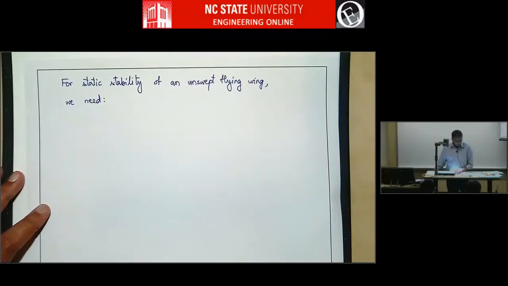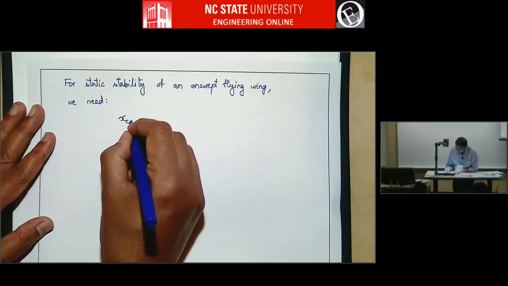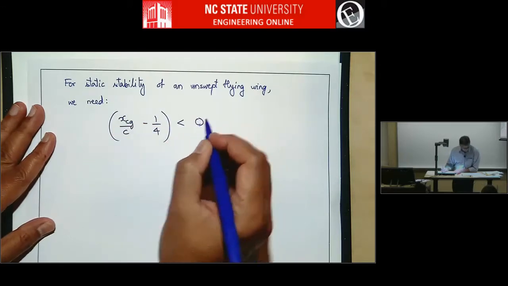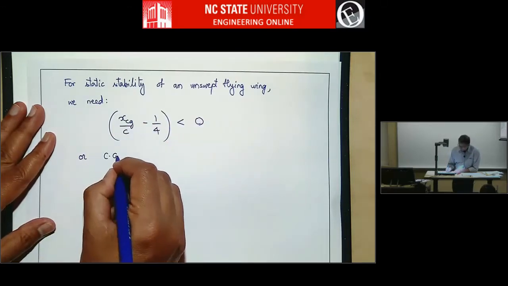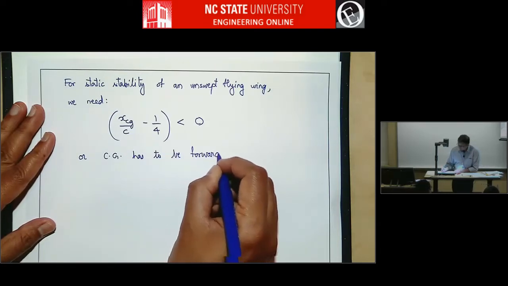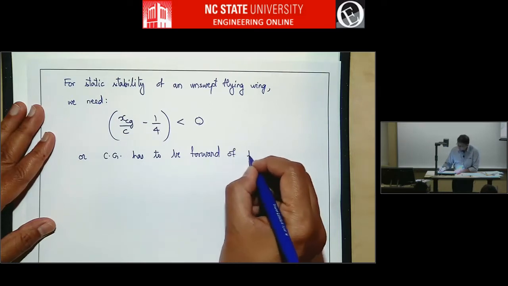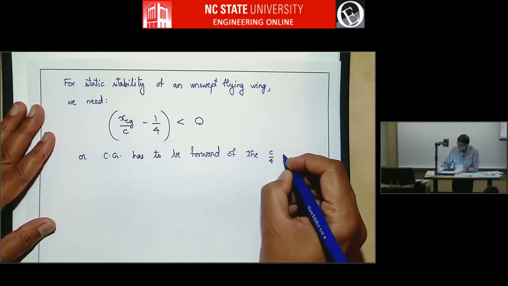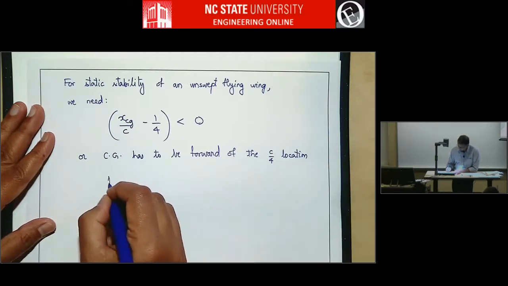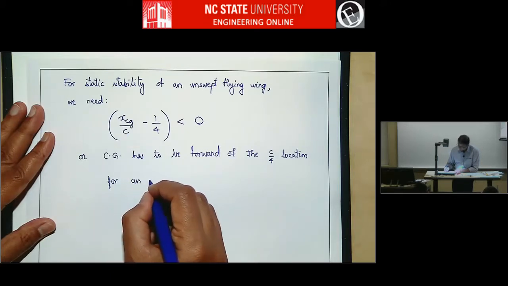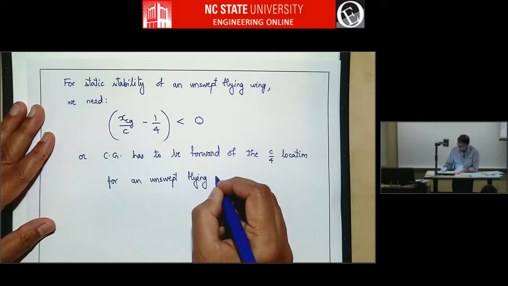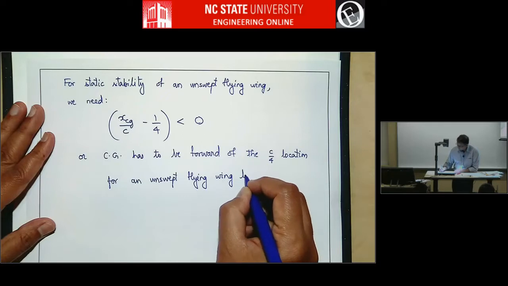So that means xCG over c minus 1/4 has to be less than 0, or the CG has to be forward of the quarter chord location for an unswept flying wing to be statically stable.